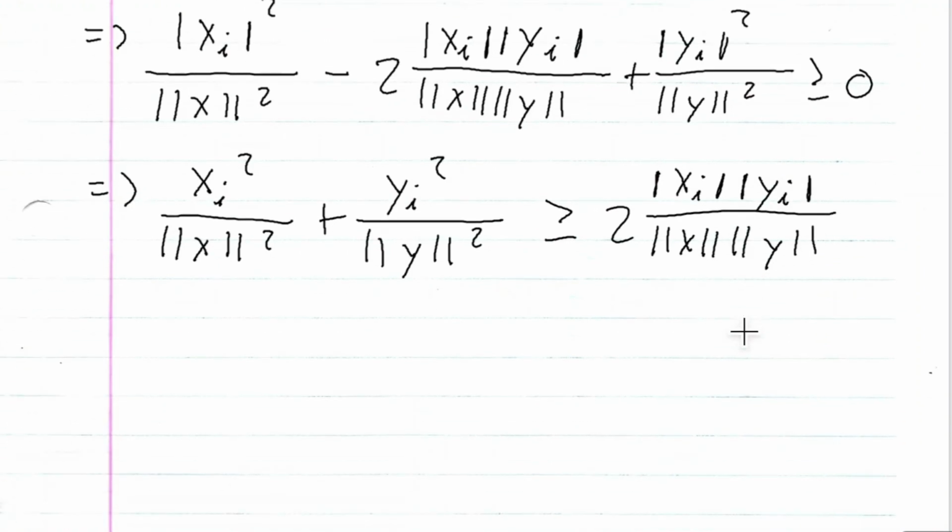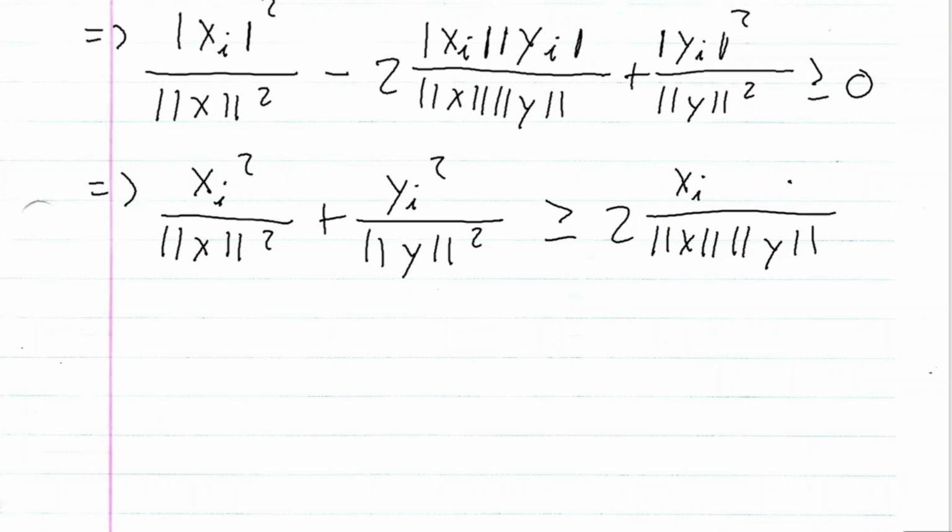All right, so what we can do now is, instead of writing it like this, we know the absolute value of a real number times the absolute value of a real number is just the absolute value of this number times that number. So let's go ahead and fix that here.